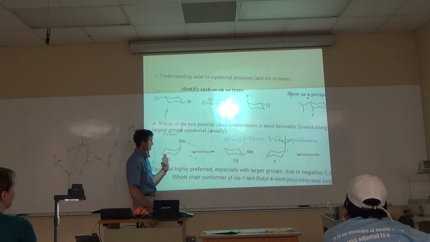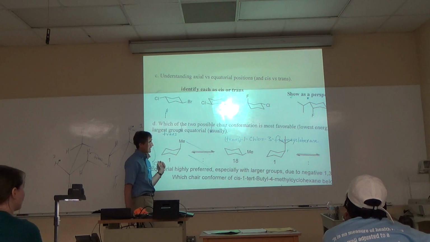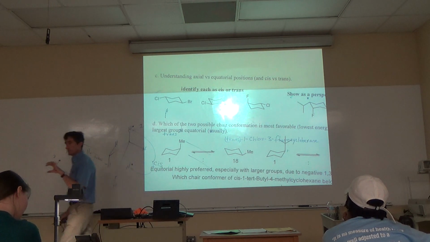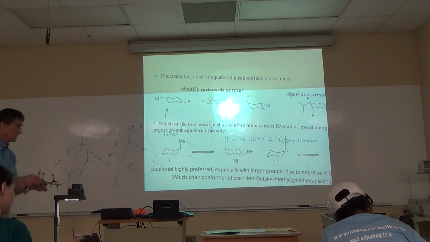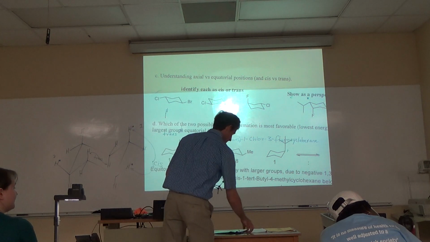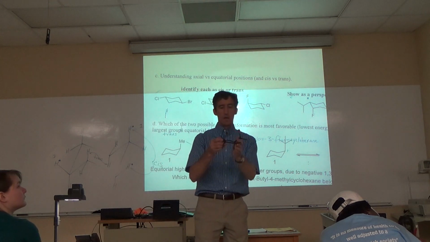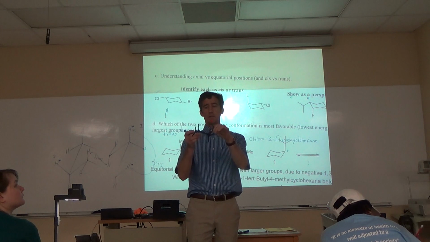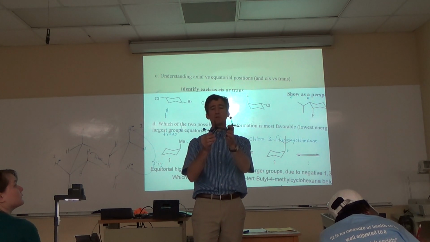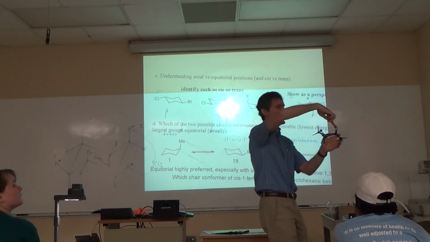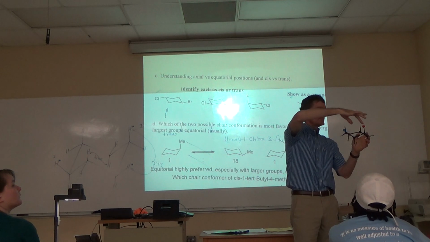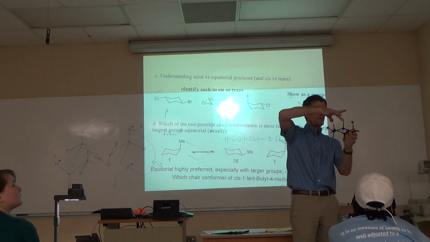We didn't talk about ring flips. The preferred space for a large group is equatorial. There's more room equatorial. Equatorial is your best position. If we look here, you may not see this with the model, but axials sort of interact negatively with the other two axials.